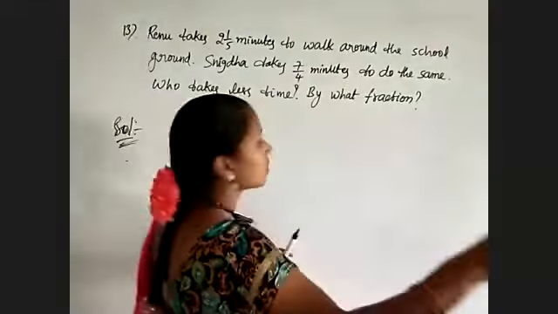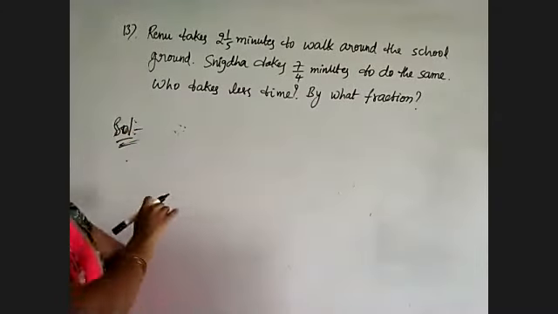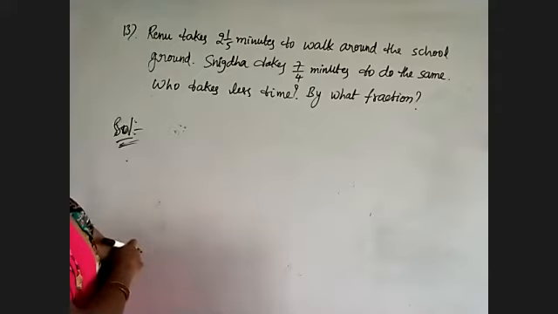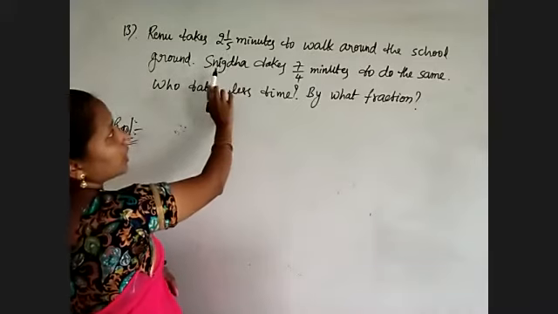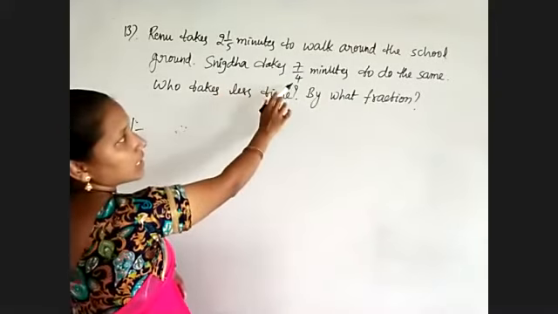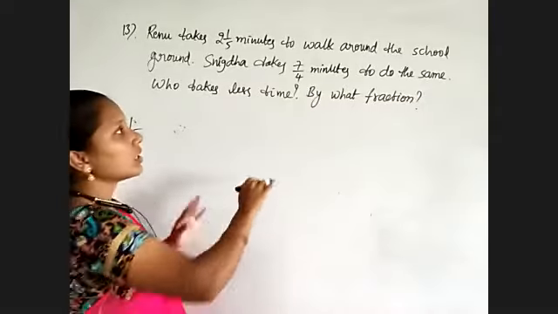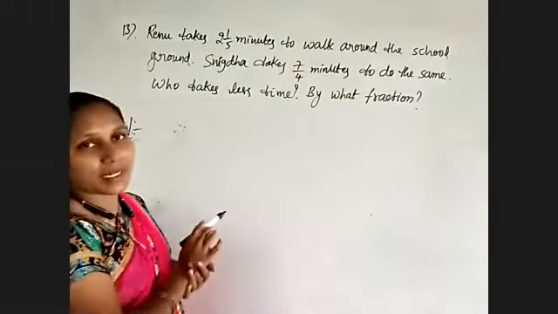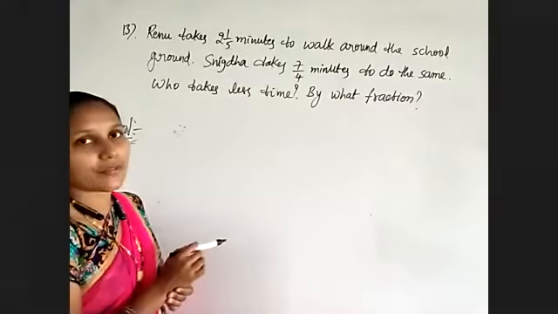So once observe the question. Renu takes 1 2/5 minutes to walk around the school ground. So what is the denominator here for this fraction? 5. Yes. And coming to the next person, Snigdha takes 7/4 minutes to do the same, means to walk the same school ground. Here 5 and 4 means both are unlike fractions.